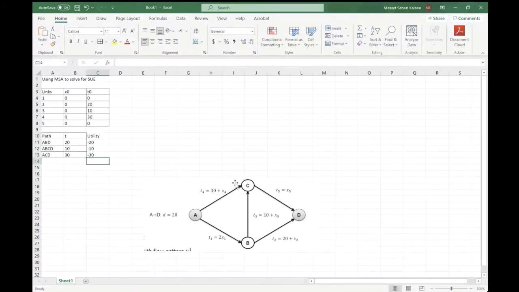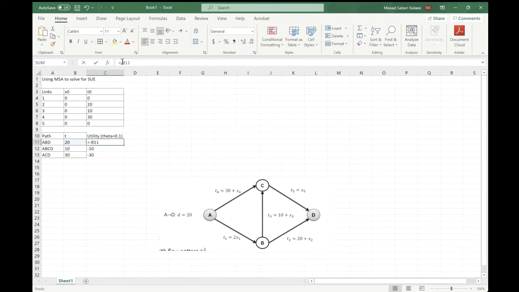Oh, I just remembered, I think the utility function in this example is actually, theta is not -1, it's minus 0.1. So let me just clarify it here. So theta is actually 0.1 here. So that means I need to multiply this by 0.1.